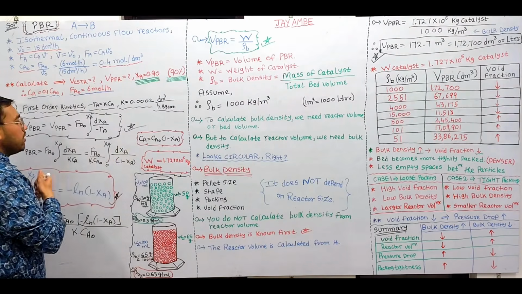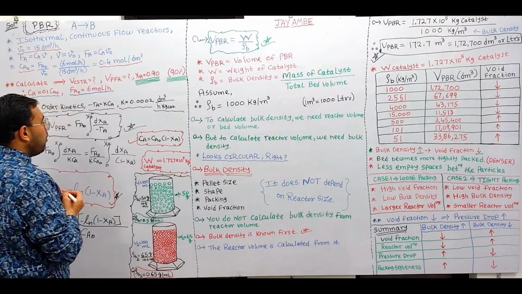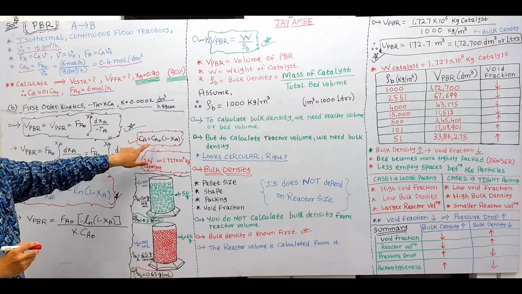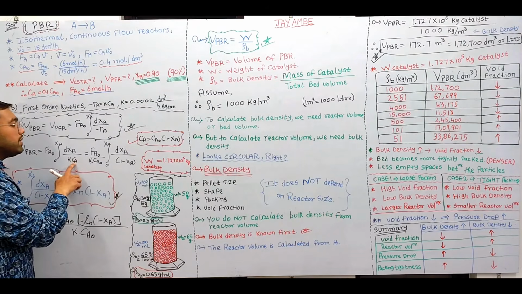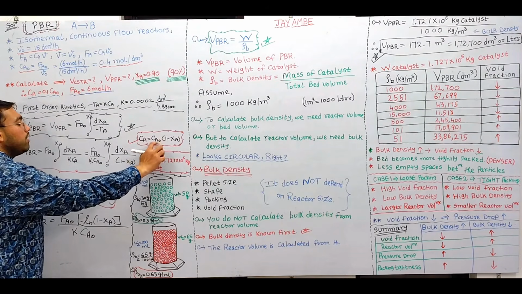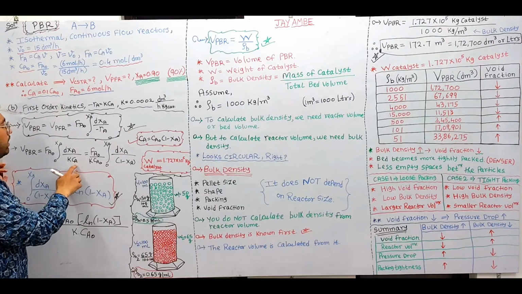So in the place of Ca, we are substituting its value, Ca naught into 1 minus Xa.